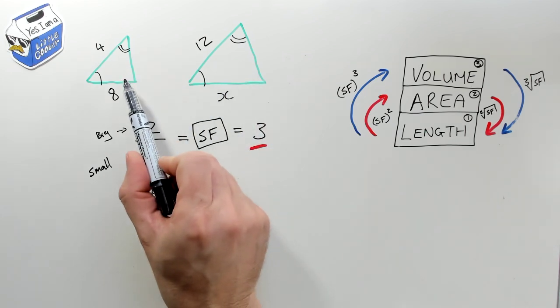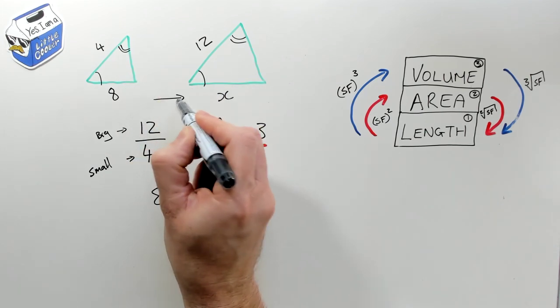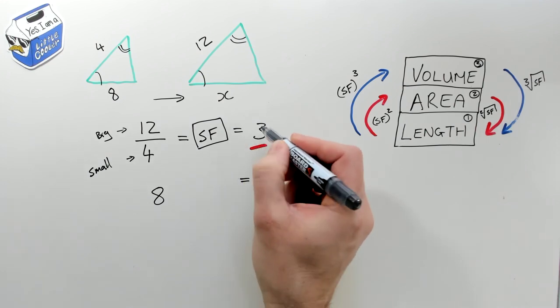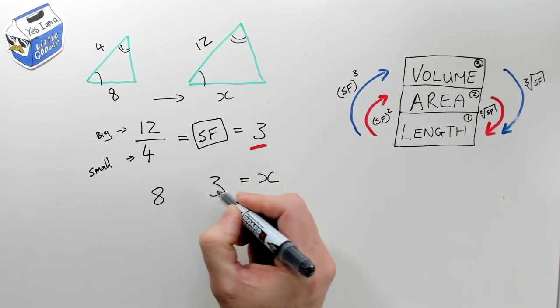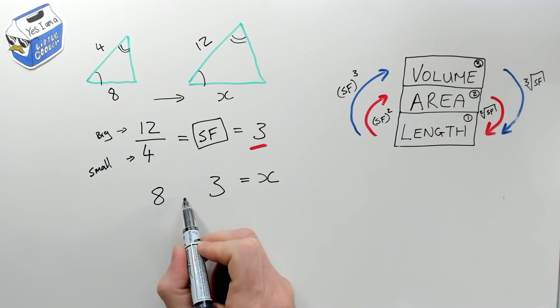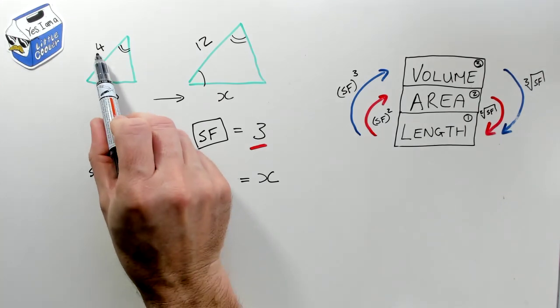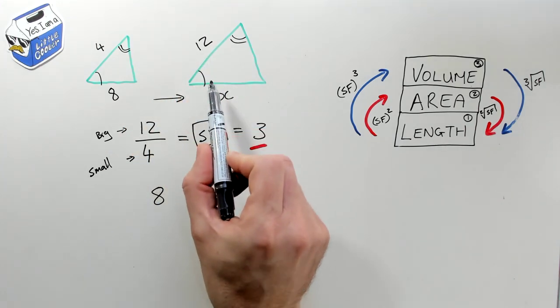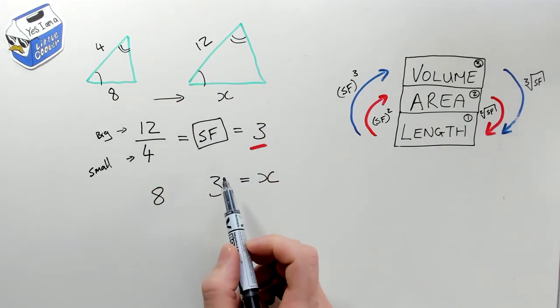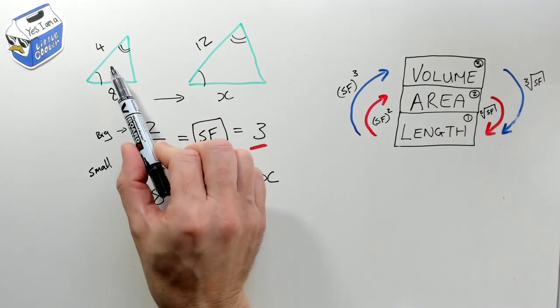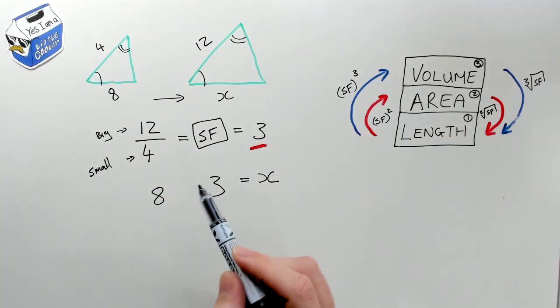Whenever I go from small to big, because they're asking me x here, I know I'm going to use my scale factor of 3, but now I just have to decide whether I'm going to multiply or divide. Obviously, you can deduce that, okay, well, 4 times 3 is going to be 12, so 8 times 3 is going to give me x. But how I look at it is just saying, well, I'm going from a small to a big, so therefore I'm going to multiply.